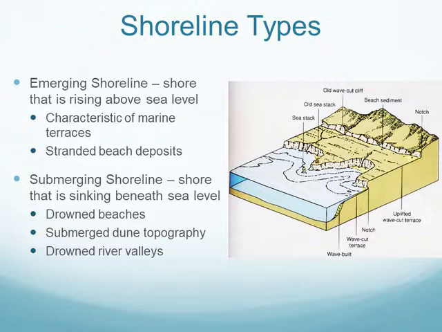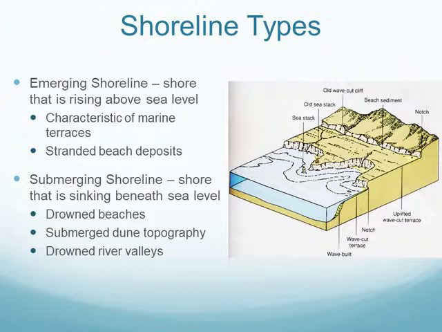So right now, here in Hawaii, Waikiki is currently above sea level. That's not to say it's an emerging shoreline, but if Waikiki were to continue to rise above sea level, then that would be considered an emerging shoreline.